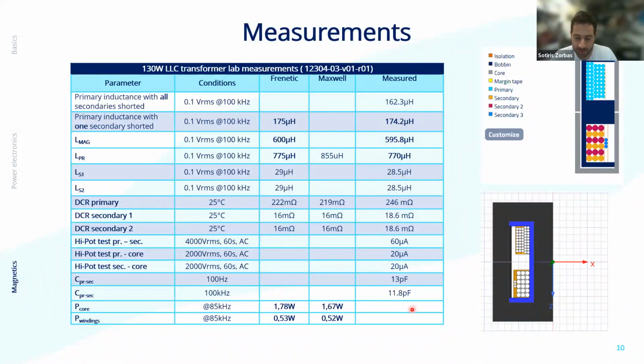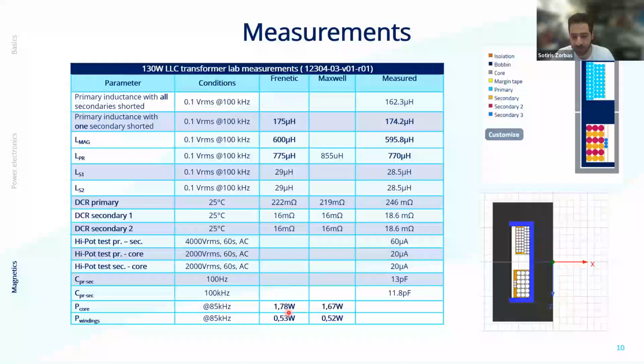So this is extra special in particular applications. Maybe not so much in an LLC, but this is always a good parameter to get as low as possible. And the core and the windings at 85 kilohertz, which was the actual operating frequency when we tested the transformer.